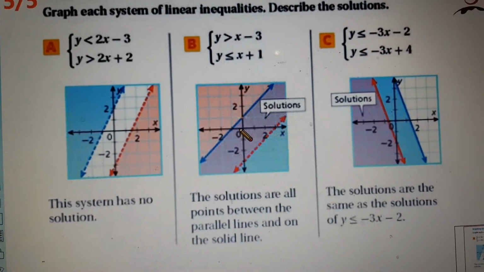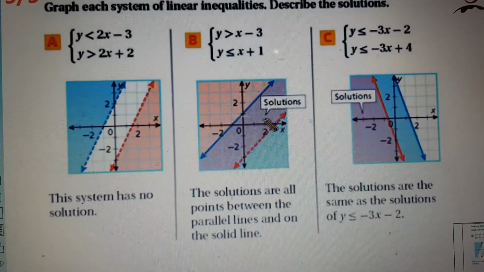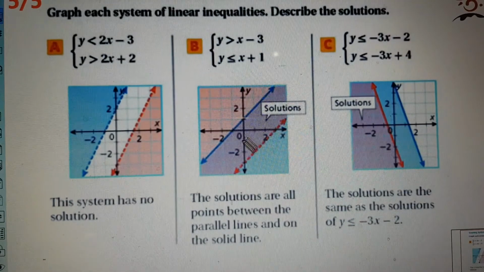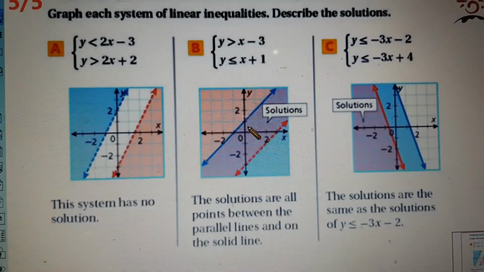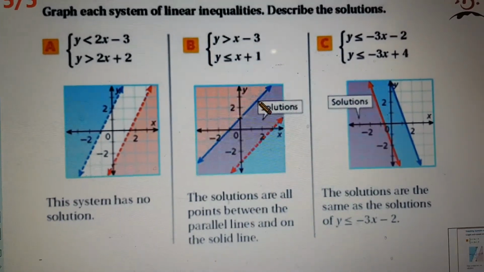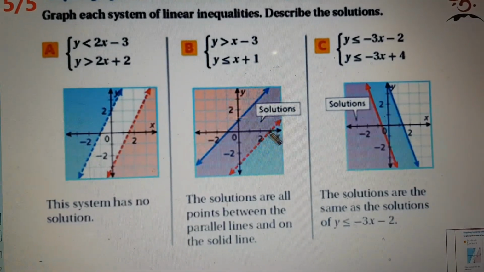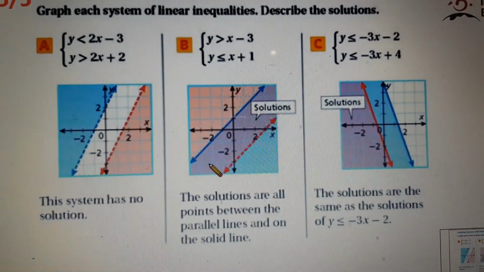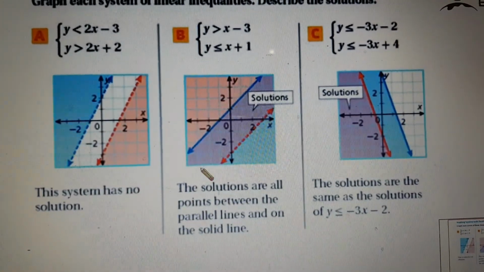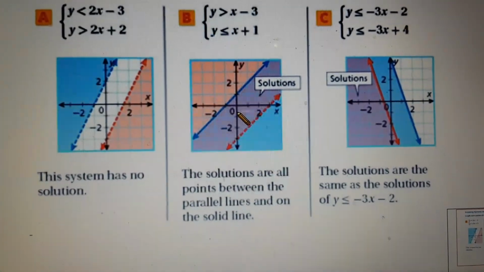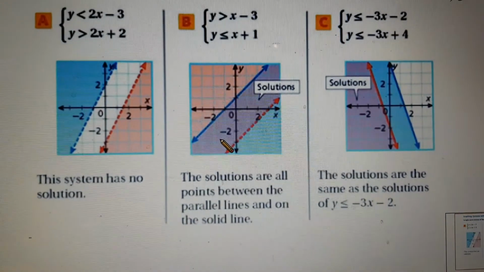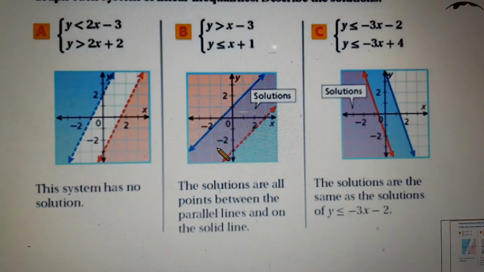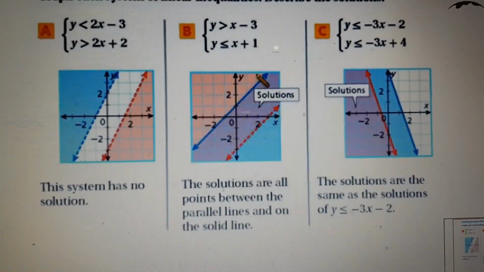In this other case, for example, I shade below the blue line, and for the red one I shade above the line. So here's my area, here are my solutions. Solutions are all points between the two parallel lines and on the solid line.